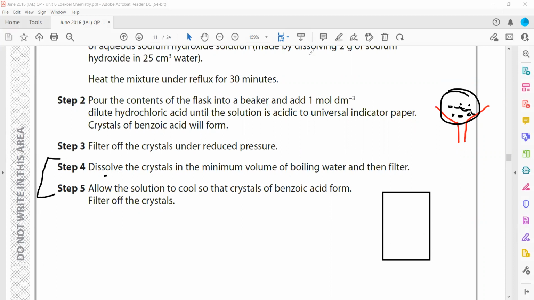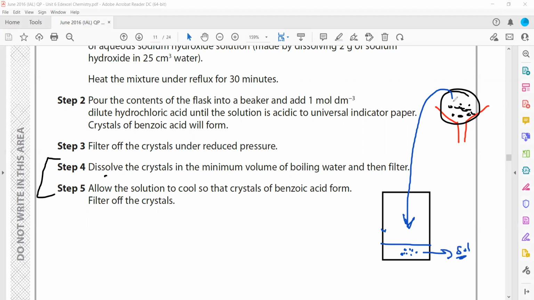So what we do, we take a small quantity of liquid, we add the crystals and we dissolve them. Then we allow the solution to cool down. When the solution cools down, the crystals will form, but this time they will be pure benzoic acid crystals, because the soluble impurities remain in the solution.